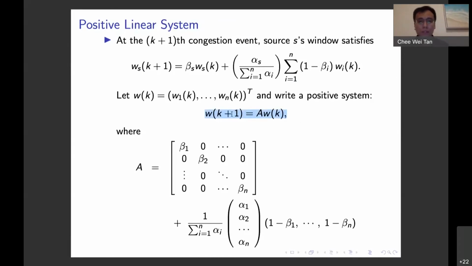If you look at this particular linear system of equations, W_k is the congestion window, an n by 1 vector. I have n users, and this A is intentionally crafted with this structure: a diagonal matrix plus a rank 1 matrix. If I look at the parameters, the additive increase, you can find them here.